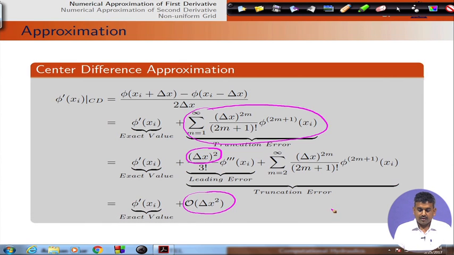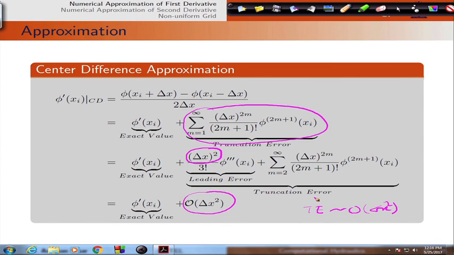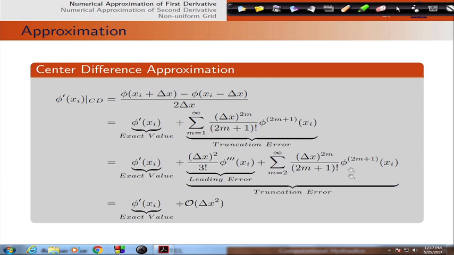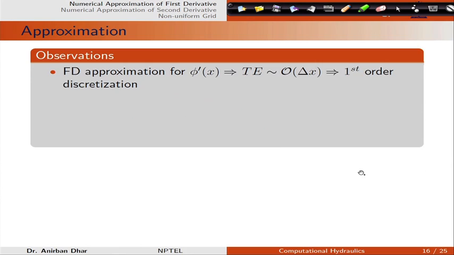So, the lower the order, the more the error. If you have higher order truncation error, that means this approximation is more accurate compared to forward or backward difference.